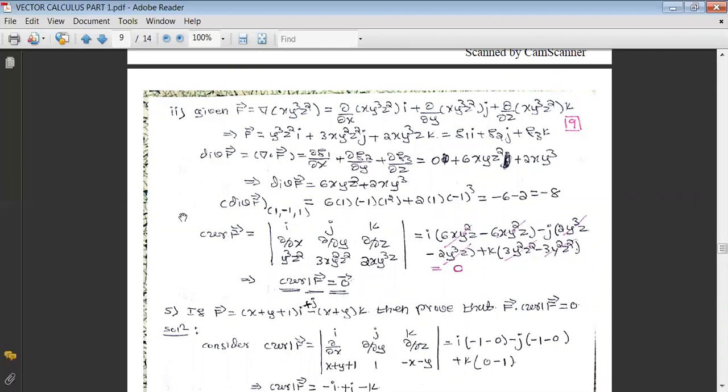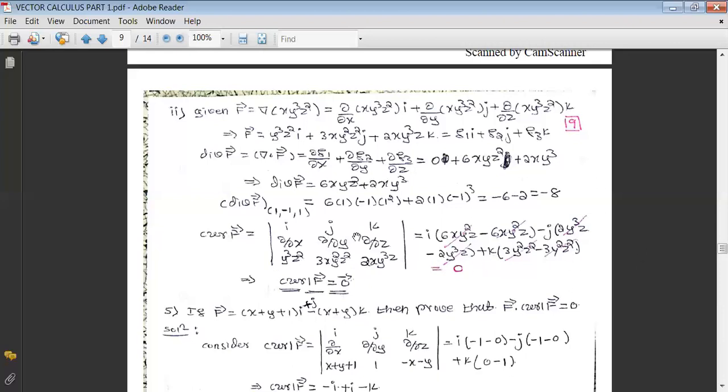Now once you expand this, let us see what we get. For i, if we differentiate the third component with respect to y, that gives you 6x y squared z, minus if you differentiate the second with respect to z, that is 6x y squared z. It is minus j into, leave this row, leave this column: if you differentiate with respect to x, that gives you 2y cubed z, and if you differentiate the first component with respect to z, that is 2y cubed z.